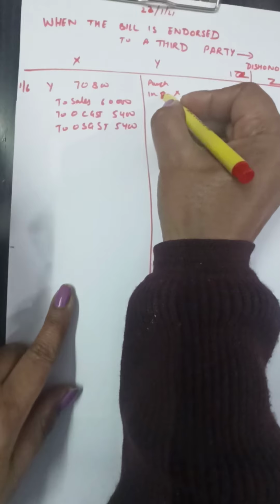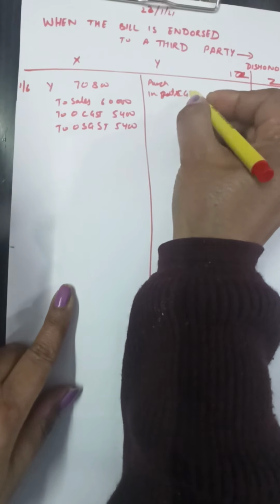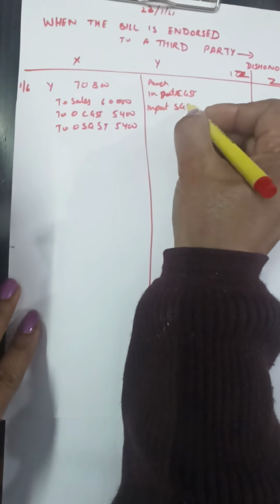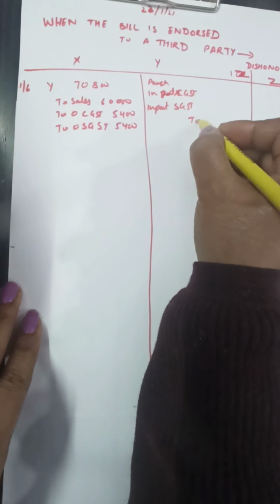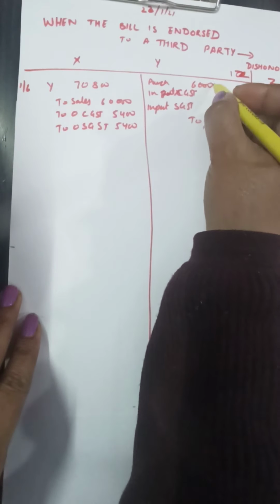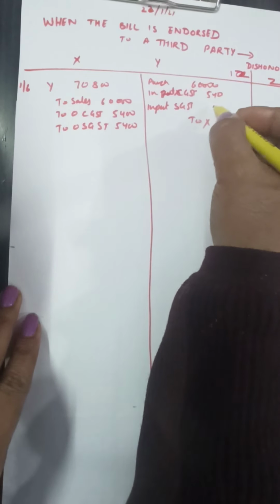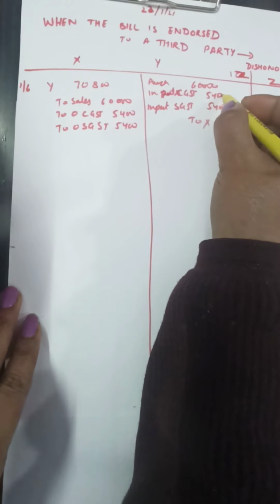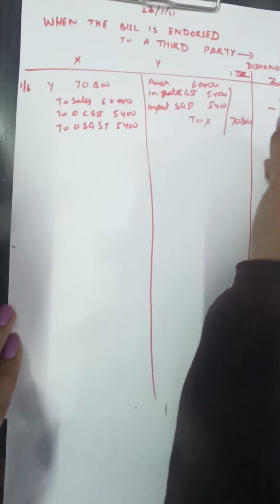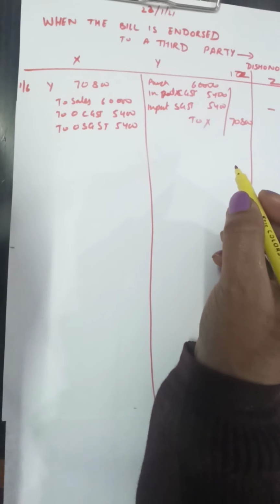Input CGST, input SGST to X. 60,000, 5,400, 5,400 and 70,800. Z is not affected at that time.